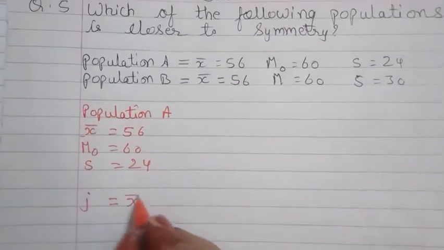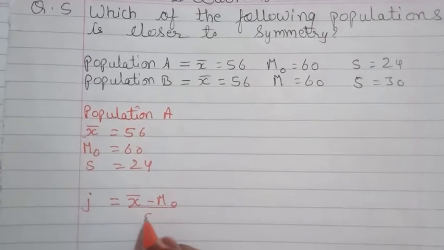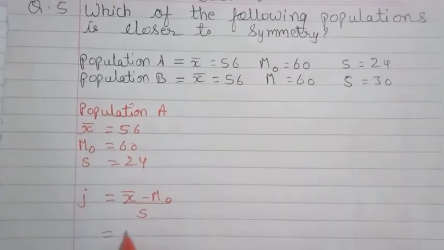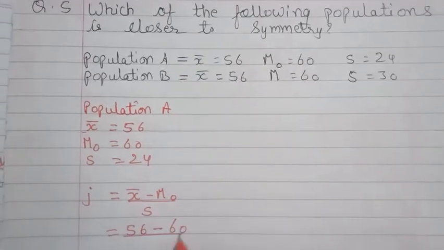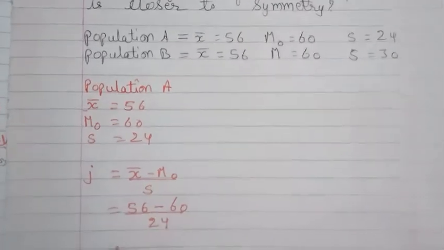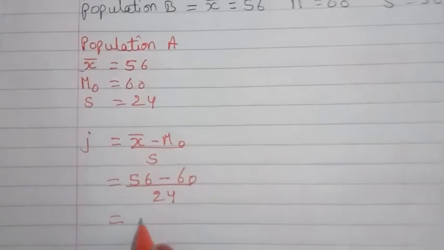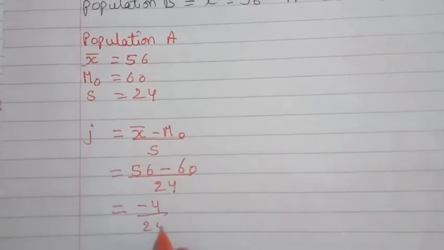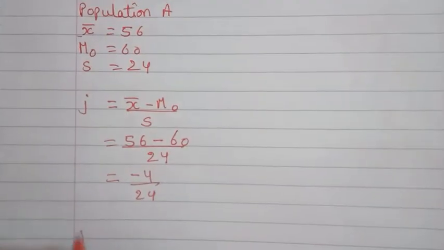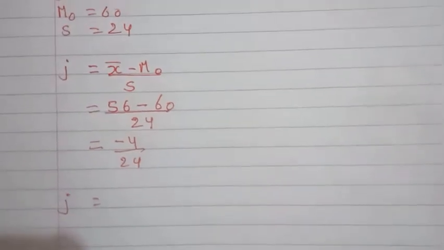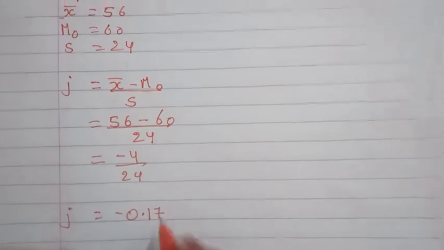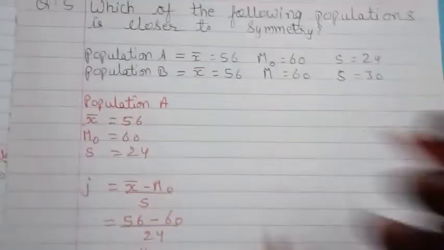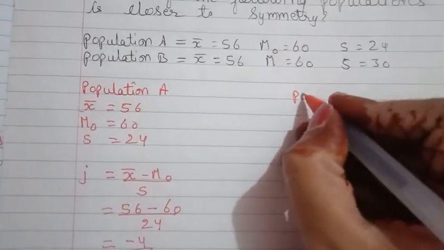That is x bar minus Mo upon S. Now value of mean is 56 minus Mo, that is 60, upon S is 24. Now 56 minus 60 is minus 4 upon 24. Minus 4 when you will divide it with 24, so you will get answer minus 0.17.